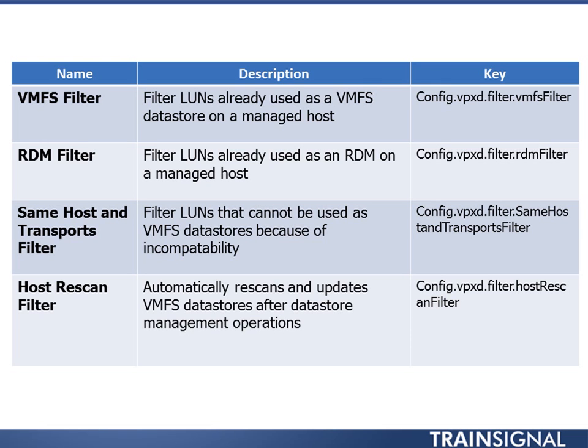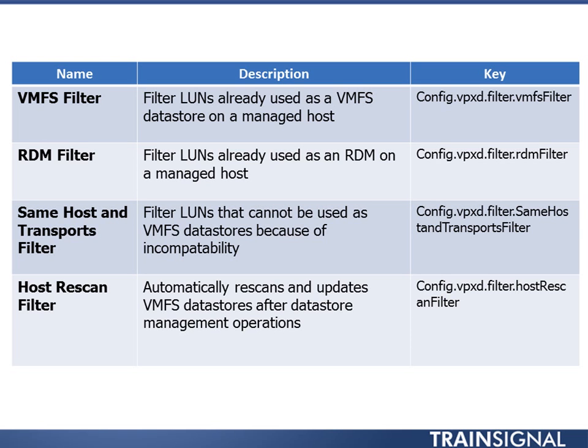It won't show that LUN to you because only 6 of your hosts have access, not all 8. Therefore, it's not compatible with the cluster. So if you turn this off, it will show it, but then those 2 unlucky vSphere hosts aren't going to have access to that LUN, and I don't honestly know what's going to happen to that data store when you try to use it. So again, I'd never turn this off.